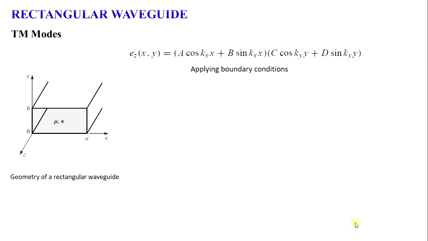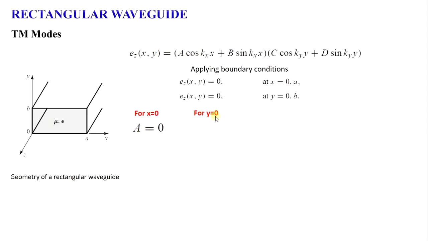So applying the boundary conditions, now we have the boundary conditions in terms of Ez. We know Ez is equal to 0 at x equal to 0 and a, and Ez is equal to 0 at y equal to 0 and y equal to b. Now putting x equal to 0 in the above equation, Ez is 0, so we get A equal to 0.